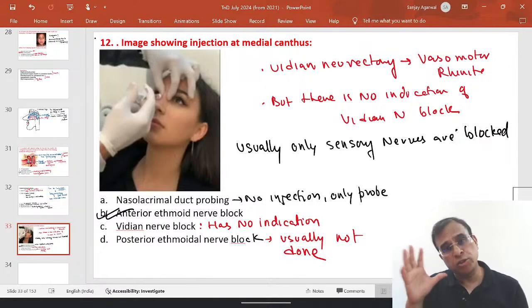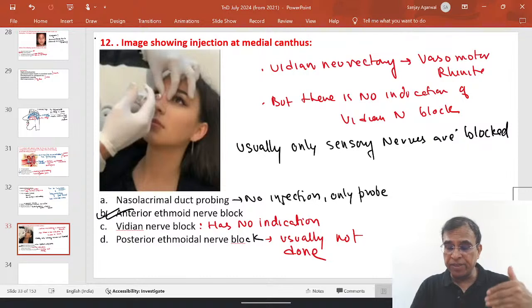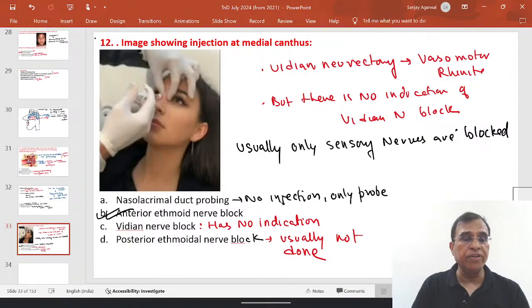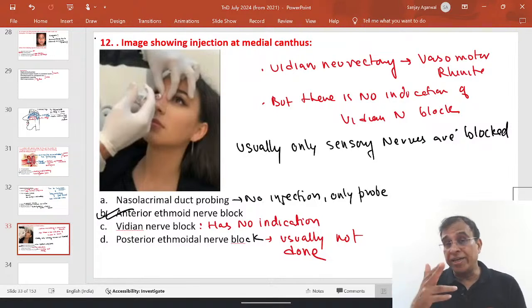So we want to block these two things only, otherwise it is nothing else. Median nerve does not have the touch or the pain fibers. Median nerve is a purely special motor, parasympathetic and sympathetic fiber. So blocking the median nerve is not going to help in any way, but we cut it in vasomotor rhinitis, like I said.